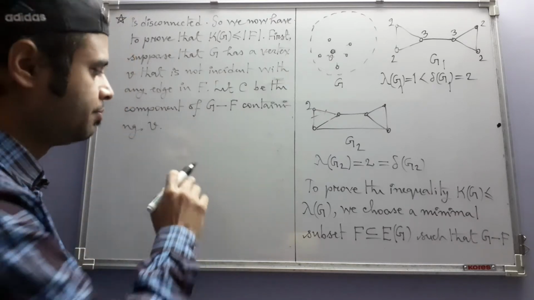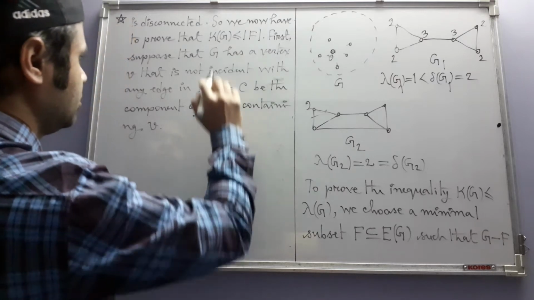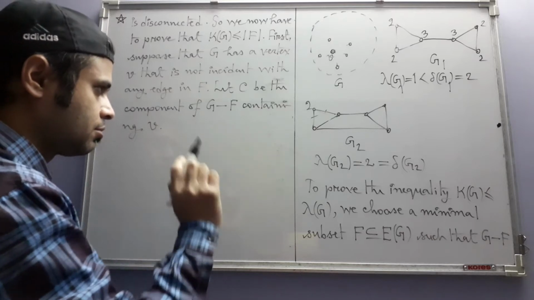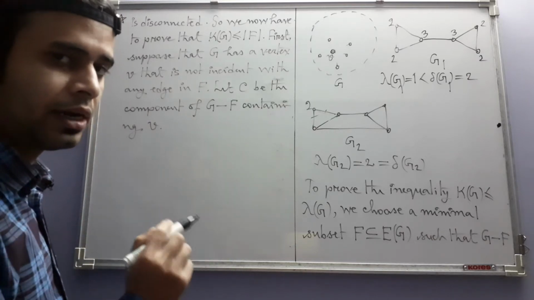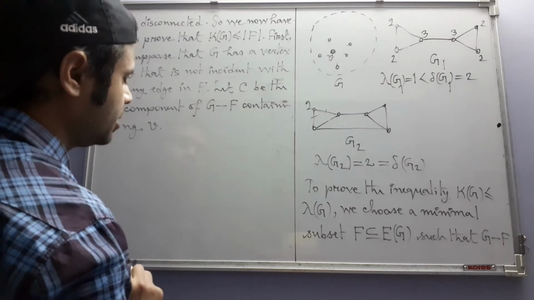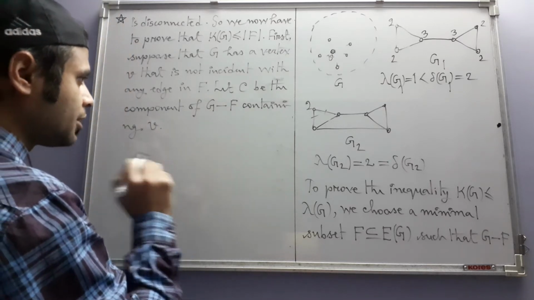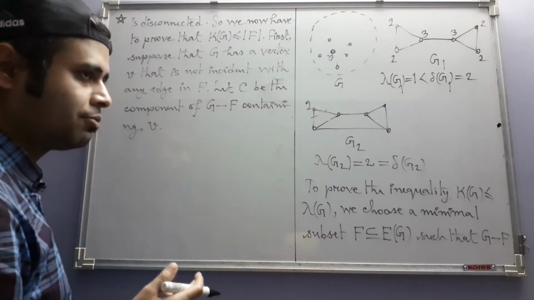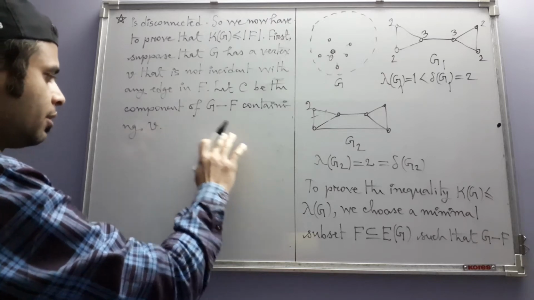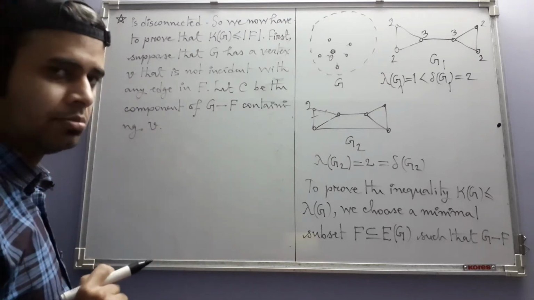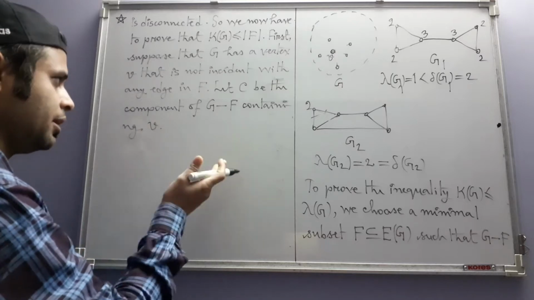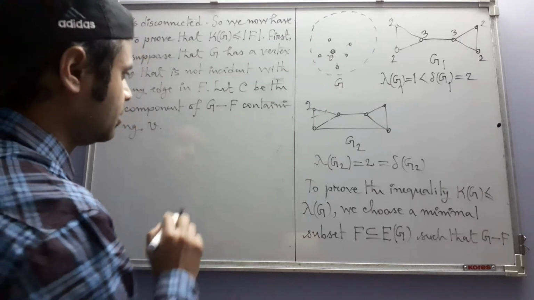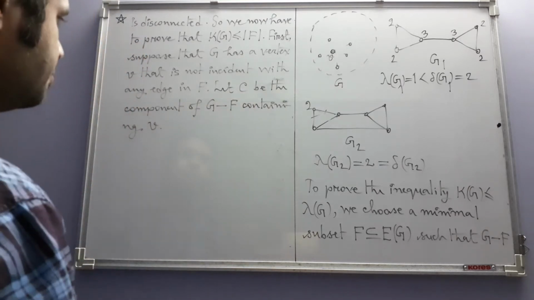It may have more than two components, but this vertex V will lie in one of them, one of the islands after removal of F. That is because removal of F is removal of edges. No vertex of G has been removed. So V will remain after that removal also. So V will belong to some component. Let that component be C.